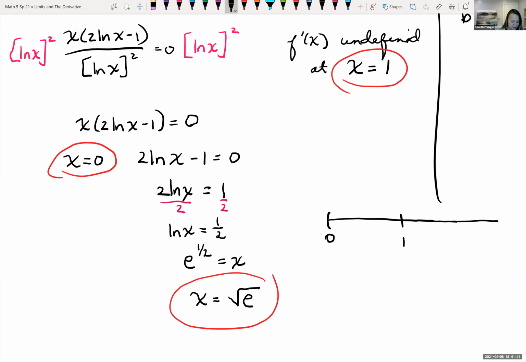Square root of e, that's a square root of 2.7, so that's bigger than 1. Let me just give you an approximate. Square root of e is approximately 1.65.